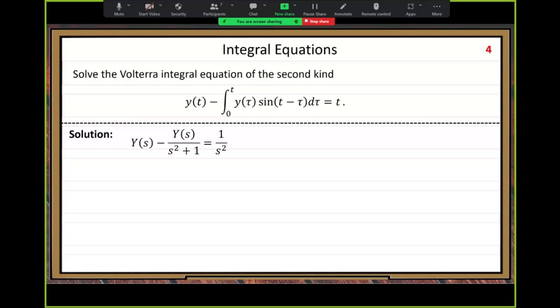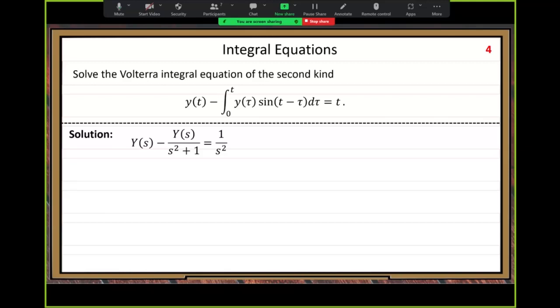Take the Laplace transform. Because of the convolution, it is a product of the Laplace transforms of those 2 functions. The first is the Laplace transform of little y, which is capital Y. The second is the sine function, sine of t.